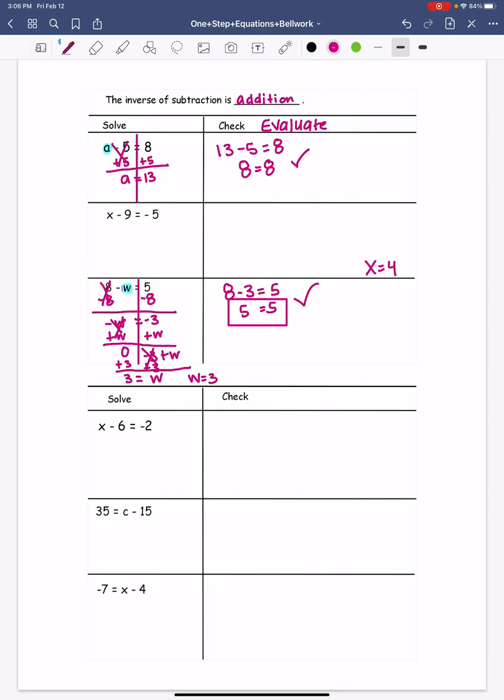So pause the video, work the rest on your own, and come back to check your answers. We should have x equals 4, c equals 50, and x equals negative 3.